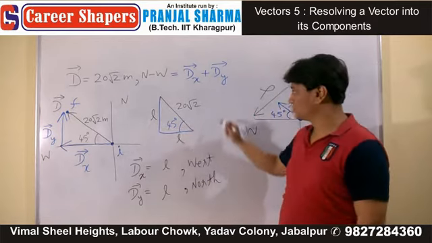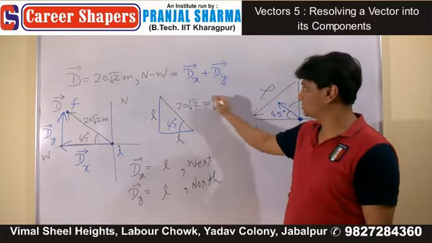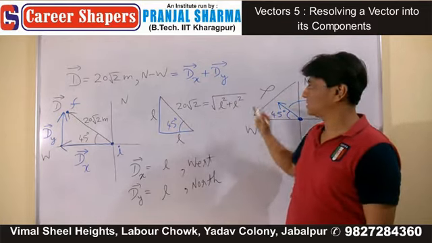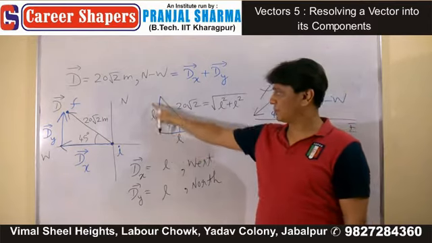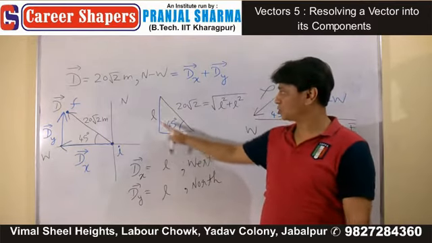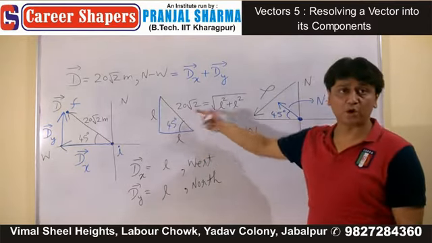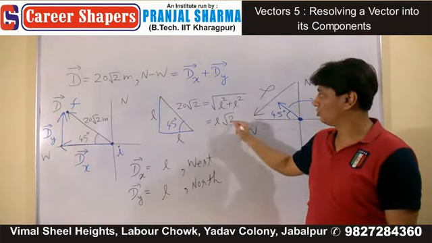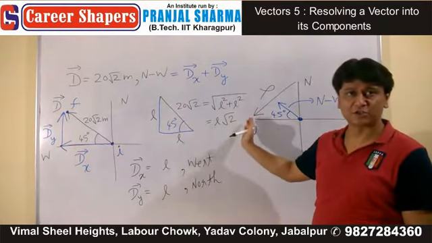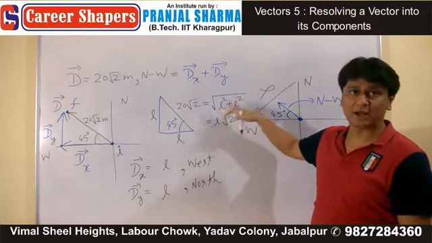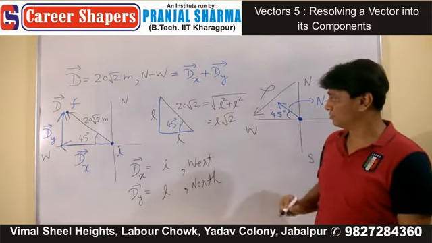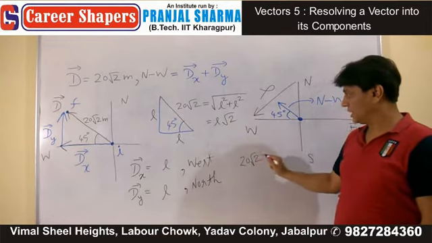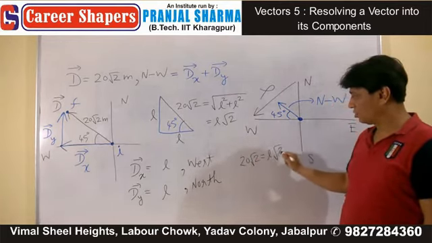You could have used a simple argument like this. Root over L square plus L square, simple Pythagoras. L square plus L square is giving you 20 root 2, which is L root 2. I hope you understand this much. 2L square, take the root, it becomes L root 2. So your 20 root 2 is L root 2.